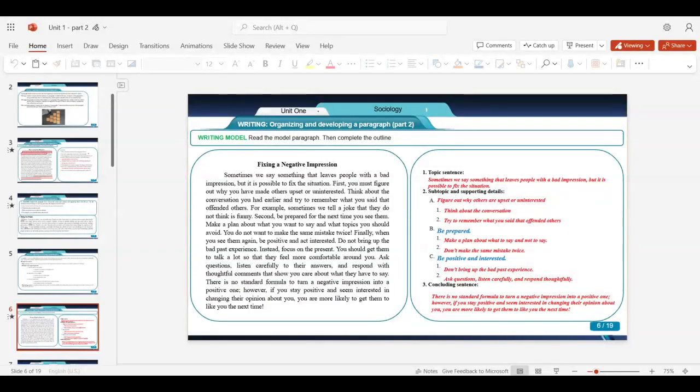So this is the topic or title of our paragraph, Fixing a Negative Impression. In this chapter we talk about first impressions, and how we fix them if they are negative. If our first impression is going to be negative, how can we fix it, finish it, remove it?